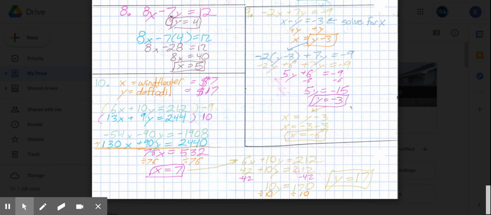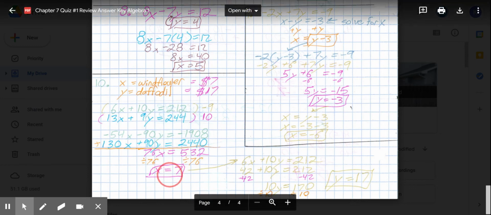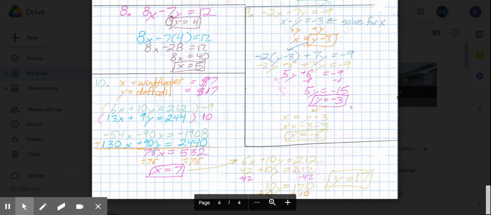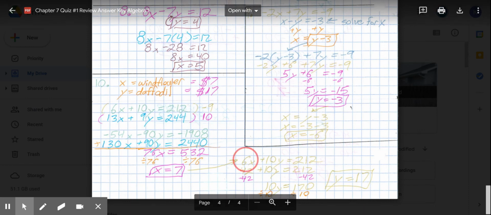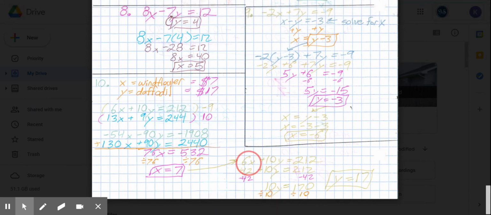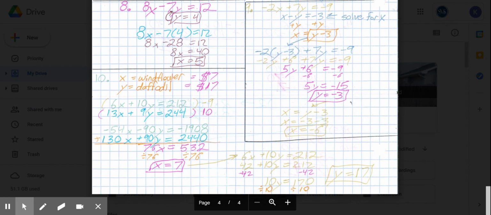Then to figure out daffodil, I can take this x equals 7 and substitute it into either of the original equations. So I put it into the top. 6x, 6 times 7 is 42. So we end up with 42 plus 10y equals 212. Subtract the 42, 10y equals 170, divide by 10, and y equals 17.